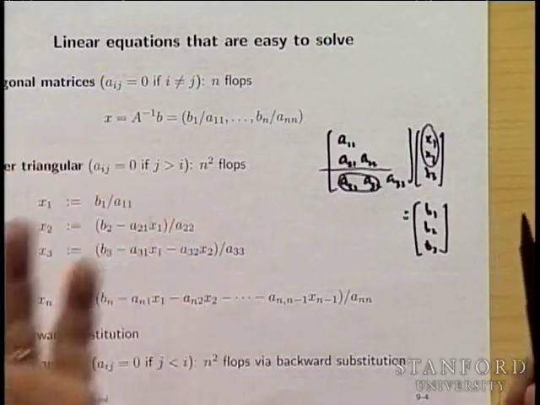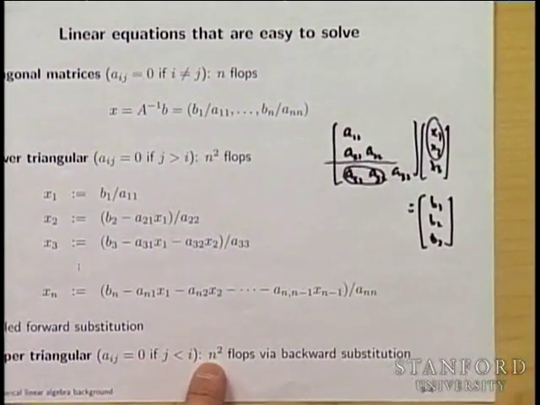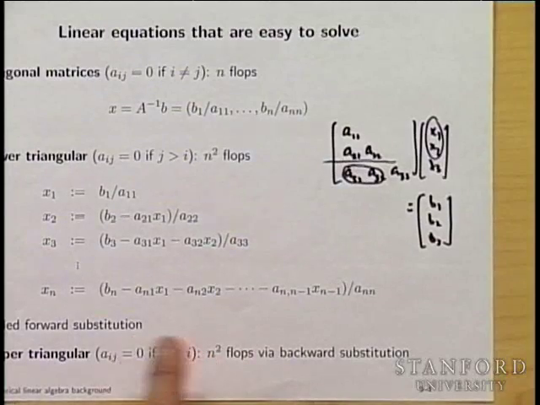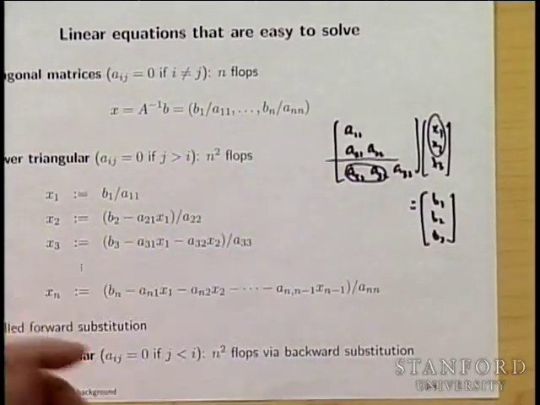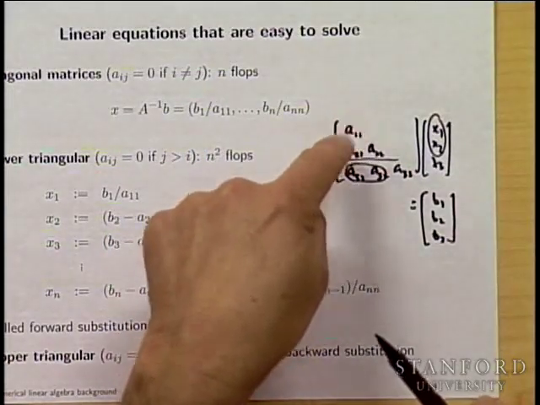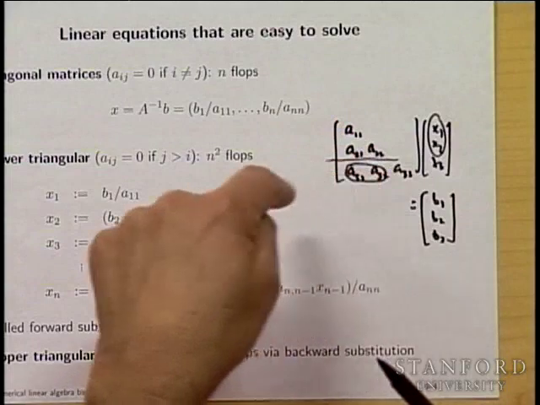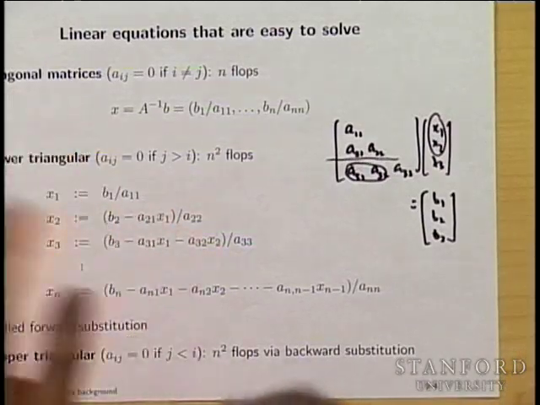Now if you do this, if it's dense, this takes n squared flops to work. It takes like 1 flop, then 3, then 5, then 7, and you add those numbers up and you get n squared, because you keep adding. Anyway, I'm sure you know how that works.